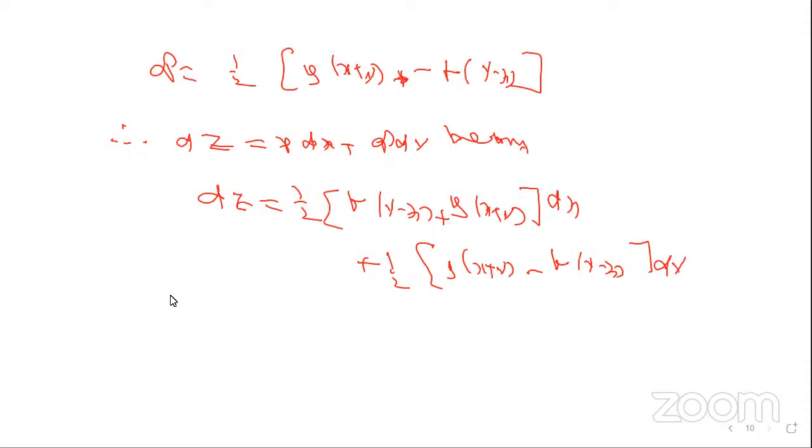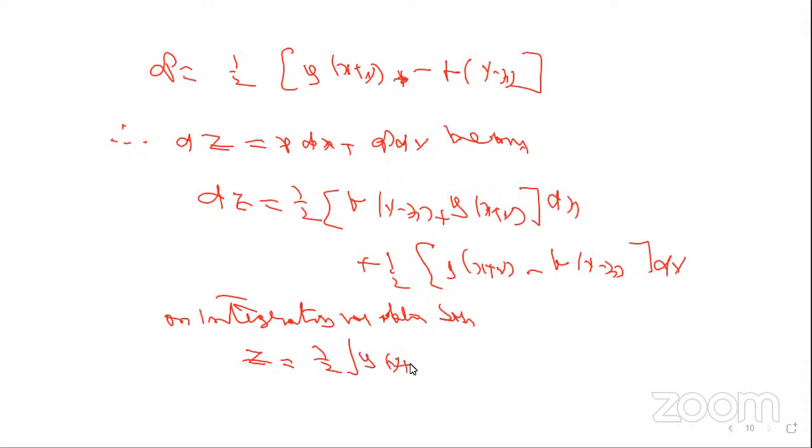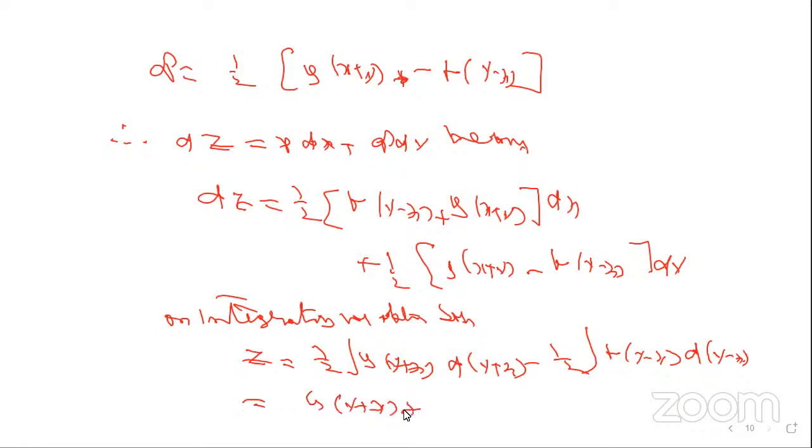So on integrating, we obtain the solution. z equal to 1 by 2 integration g of y plus x into d of y plus x minus 1 by 2 integration f of y minus x into d of y minus x, that equal to g of y plus x plus f of y minus x.